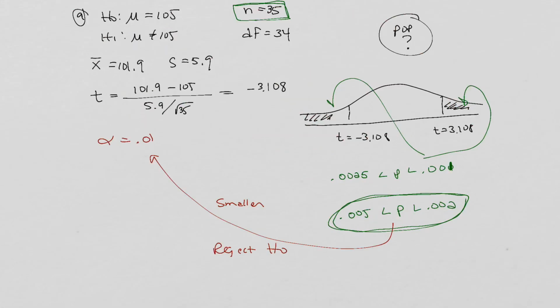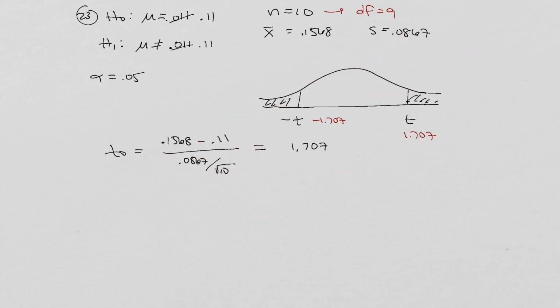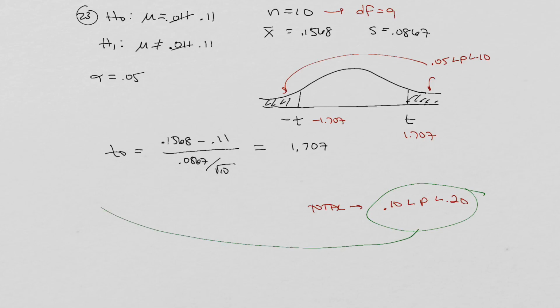All right, so this p-value is between 0.05 and 0.10, which means, since it's symmetric, same thing for this. So my total p-value should be 0.10 is less than p is less than 0.20. And when I compare this possible p-value to alpha, you can see it is larger than alpha, which means we do not reject the null hypothesis.